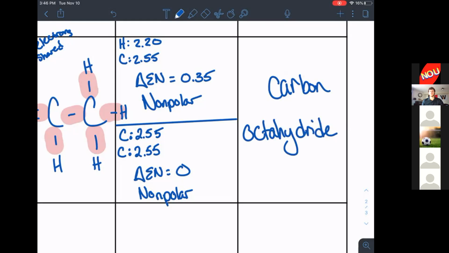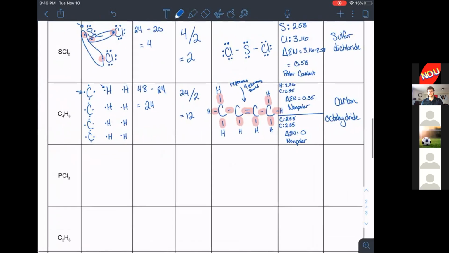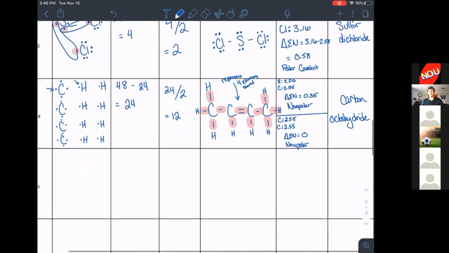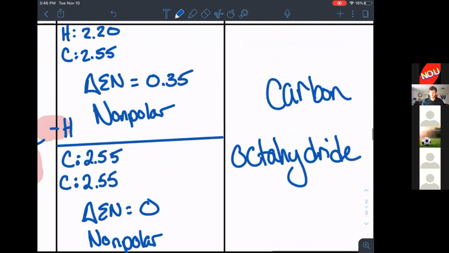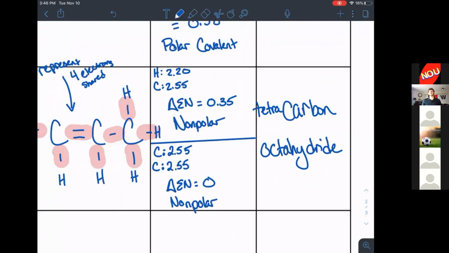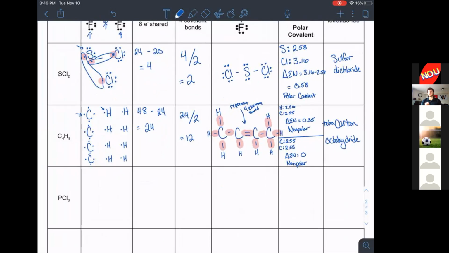Awesome. There we go. Super close. What do we have to put on that carbon? Tetracarbon. Because there's more than one carbon, we have to show that there's more than one carbon by saying tetra. So tetracarbon octahydride is that name.